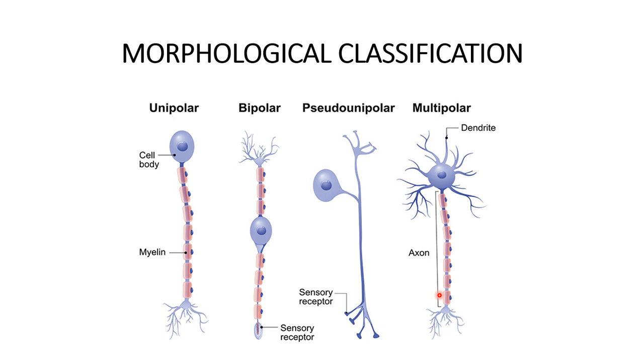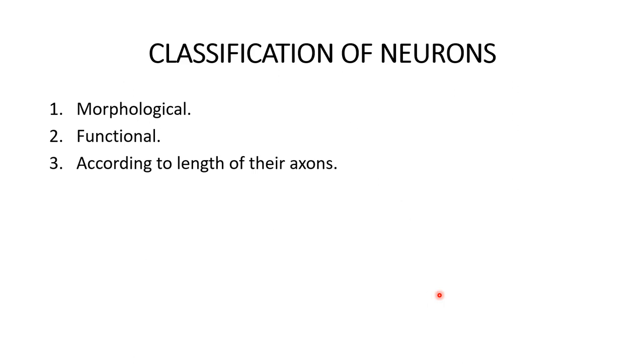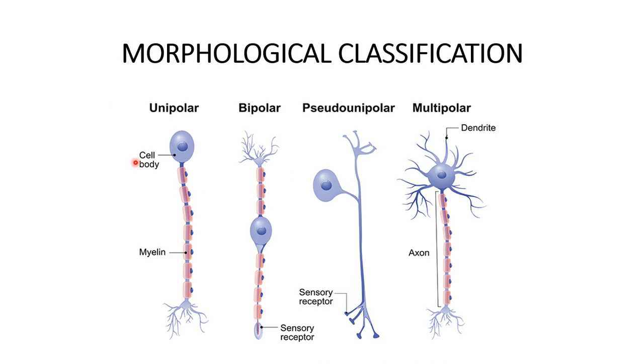Now we divide the neurons into three types of classification: morphological classification, which means according to shape, according to function, and according to the length of the axon. Morphological classification is also known as classification according to shape.